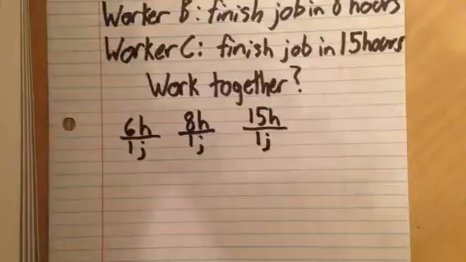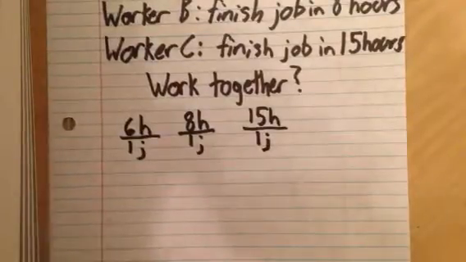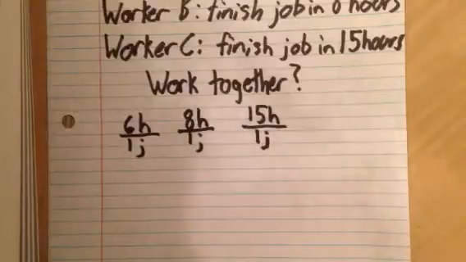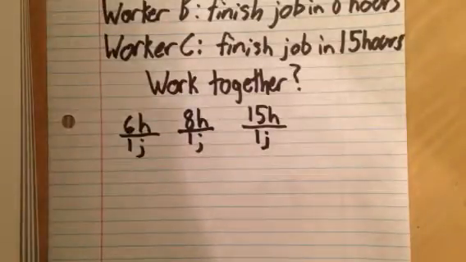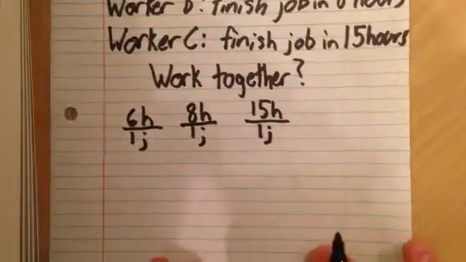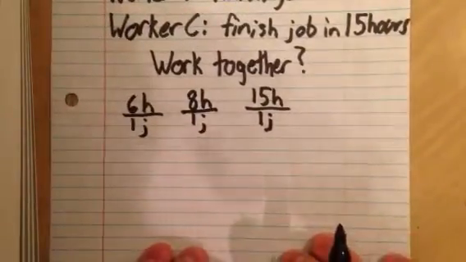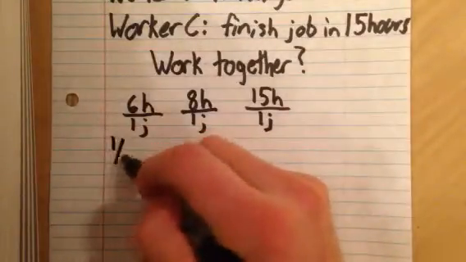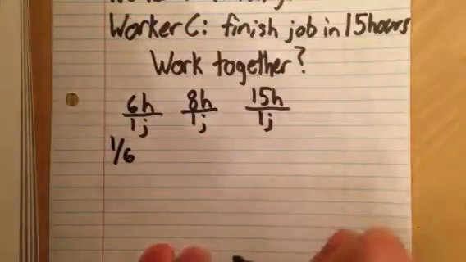Okay, and now what we're going to do is ask how much of a job each of these workers would complete in 1 hour. Let's just think about that. If worker A finishes a job in 6 hours, that means in 1 hour, he'll complete 1/6 of the job.